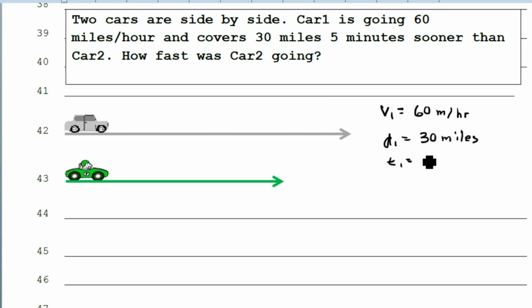And we have a time. And car 2, we don't know how fast it's going. That's what we have to find out. And its distance is also 30 miles. It has to cover 30 miles.